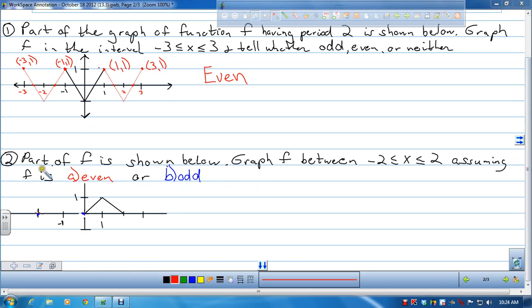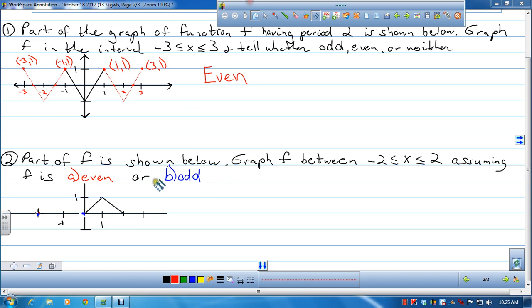Now, down here on the next one, part of f is shown below. I've got this part of f. Graph f between negative 2 and 2, assuming f is first even and second odd. So what I'm going to do here is graph it first in red.